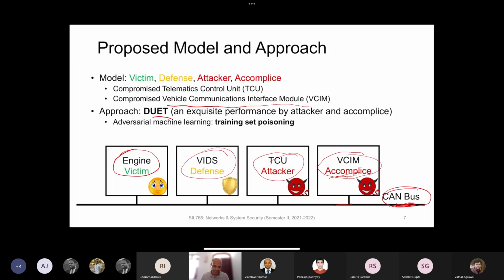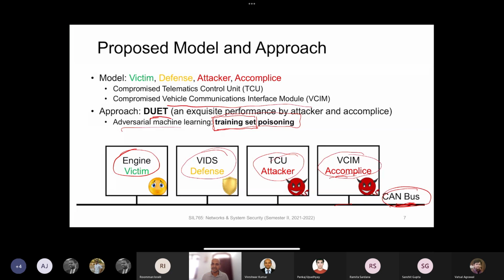This attack follows the idea of training set poisoning, and I will tell you what we actually do in the training set poisoning attack. Basically, as the name suggests, when there is training or retraining happening for this intrusion detection system, we corrupt the training data, the data from which the intrusion detection system is learning what is a benign ECU and what is an attacker ECU.